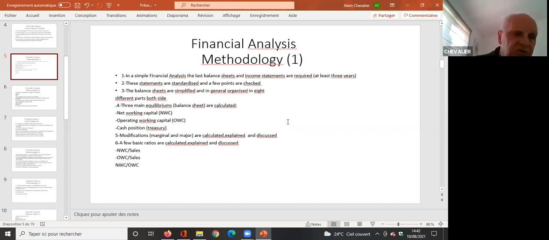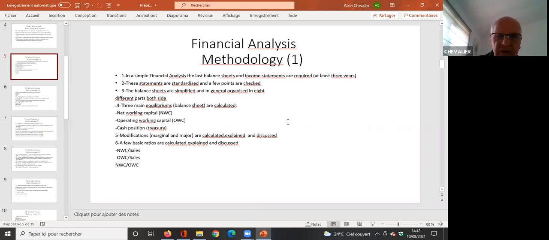It means you need at least the last 3 balance sheet and income statement of a company. If you have less than that in terms of information, it's very difficult to start with a financial analysis.